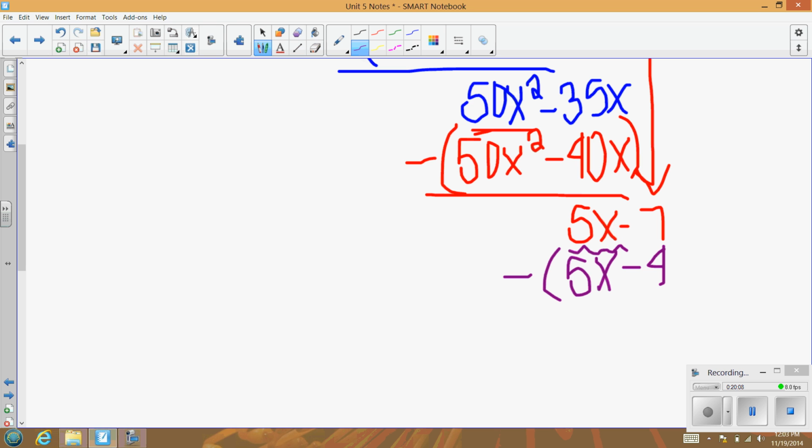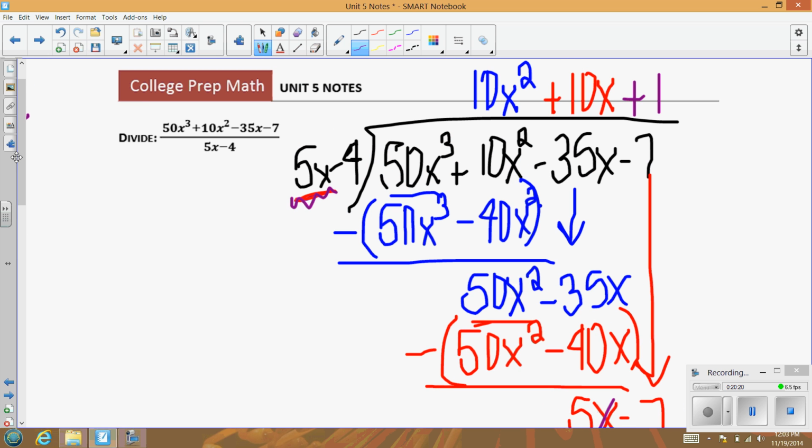So I have subtracting this piece. So those are gone. Negative 7 plus 4 is going to be negative 3. So that's your remainder.